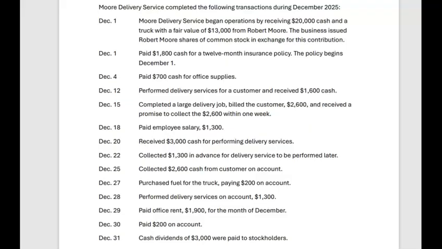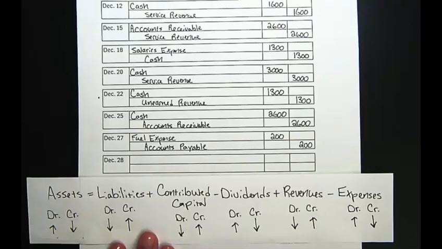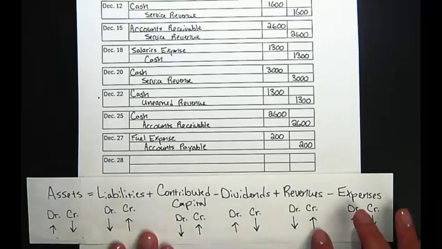On December 28th, we performed delivery services on account, $1,300. Delivery services were performed, which means that we can record the revenue. We record a revenue with a credit. We're going to record that second because we always write down our debits first. So what is our debit? These delivery services were performed on account, which means we haven't been paid. So instead of recording cash, we are going to record an account receivable.